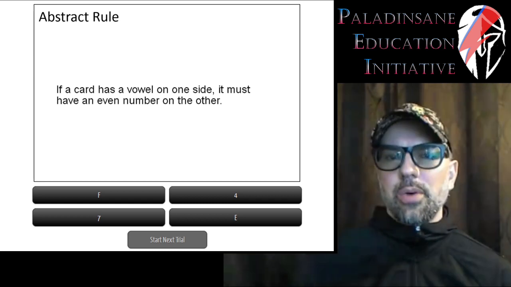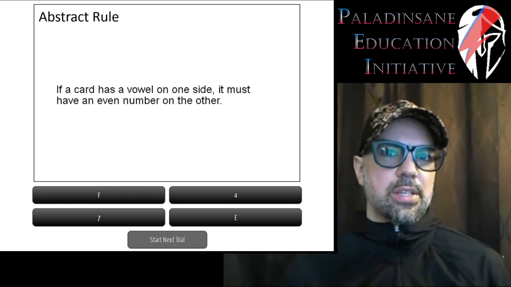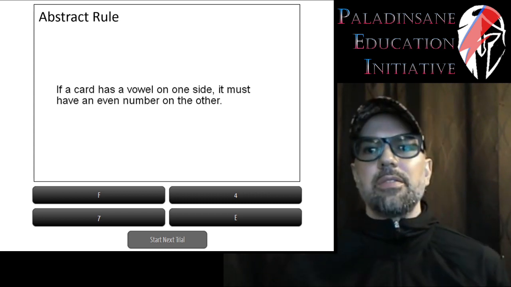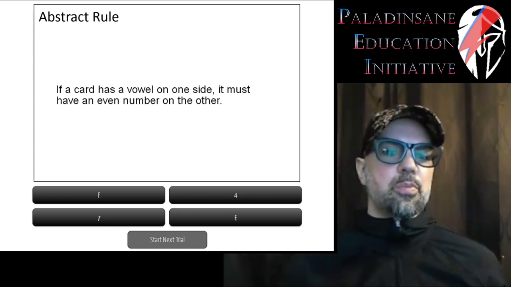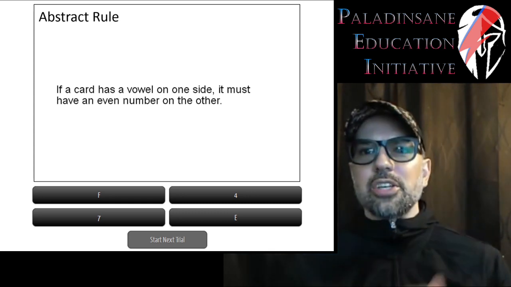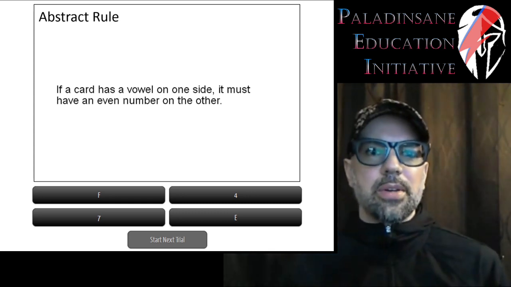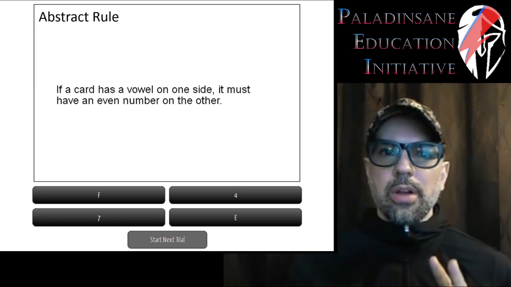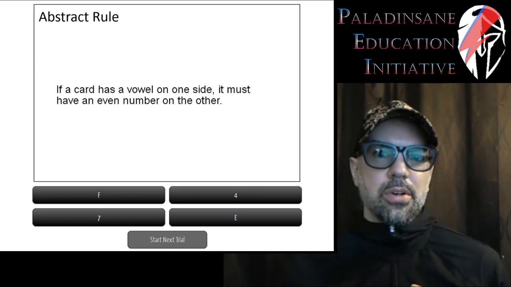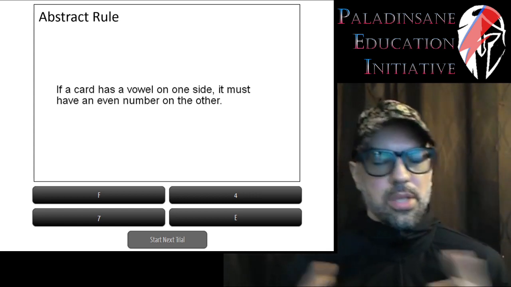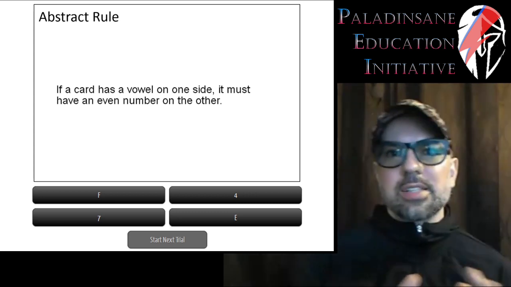And then this is the classic one that was used in the original Wason selection task. If a card has a vowel on one side, it must have an even number on the other. It is very probable that nobody in the history of your lifetime has ever come up to you and said, you know what, I'm throwing a party tonight, and I'm a little worried that these vowels and even numbers are not going to stay together.